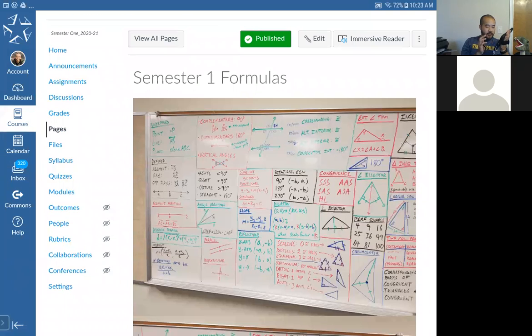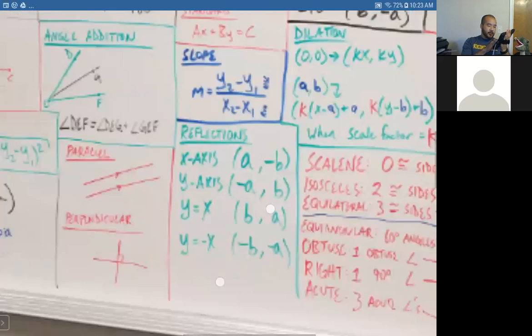What I'm going to be looking at today is reflections. Reflections are really the only ones we need to use today.